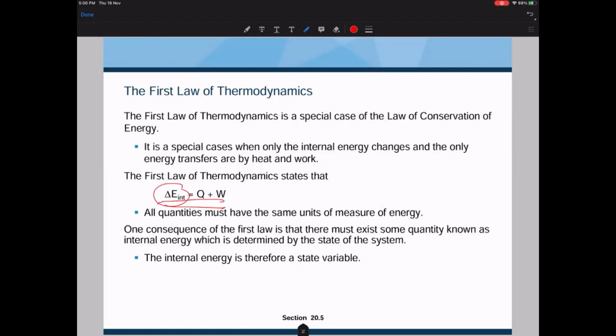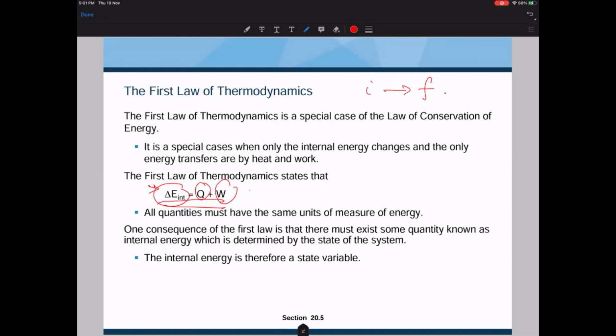We are not measuring the internal energy of the initial state or the final state. We are considering a process. So you have an initial state moving to a final state. During the process, you could have heat transfer, you could have work done. They would contribute to the change of internal energy of the system. So that is the first law of thermodynamics.